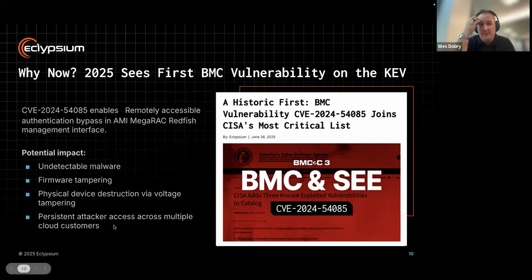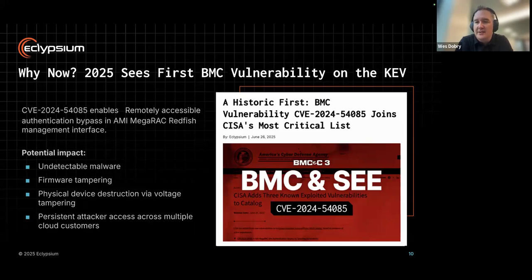Yeah, and I'd like to double click on this specific CVE a little further. This CVE, as you can see on the screen here, is a remotely accessible authentication bypass. So the only thing the attacker needed to do was be able to reach the Redfish interface on that BMC.